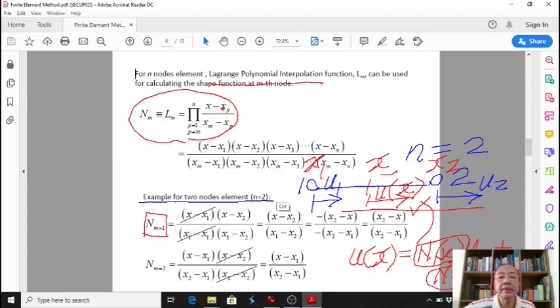So x minus xp, with p beginning with 1, so this is x minus x1, divided by xm, where m refers to 1, so x1 minus xp, with p the index starting from 1.